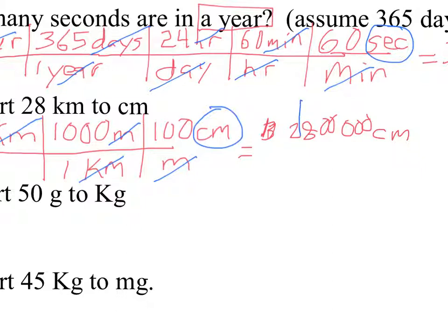If I convert this into scientific notation, I can put my decimal point right there. I need to move 1, 2, 3, 4, 5, 6 places to the left. So I end up with 2.8 times 10 to the 6th centimeters. And that would be our answer.